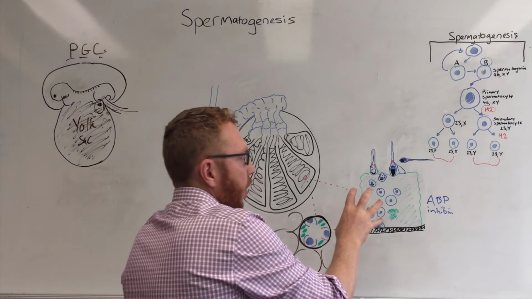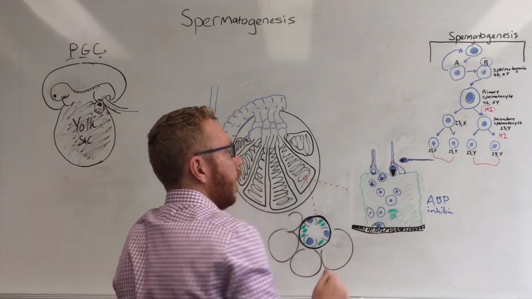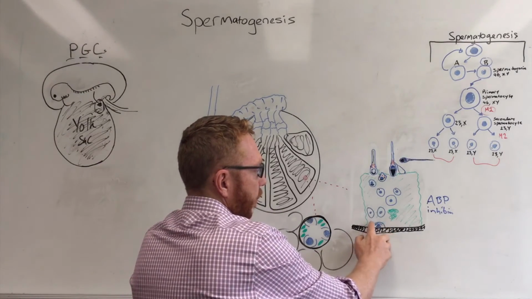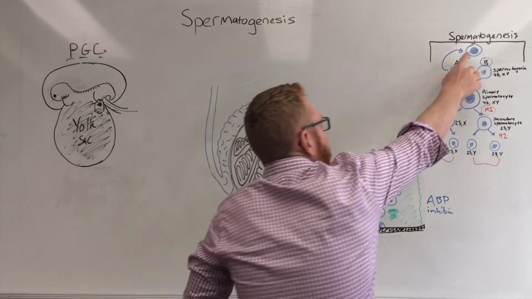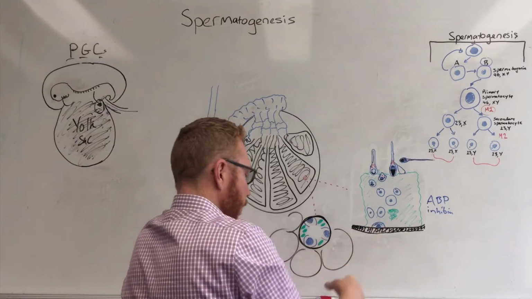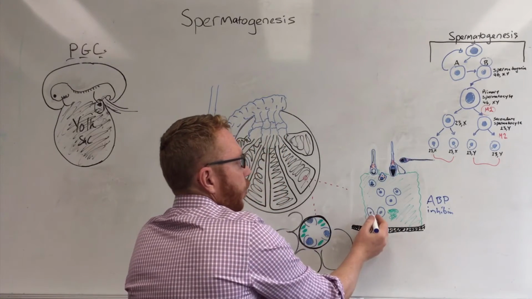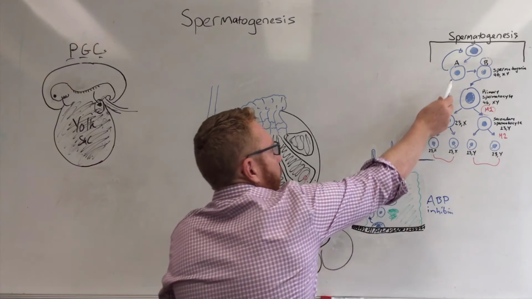So now we're going to focus on the process of how we go from a stem cell and produce a mature sperm. Down here we've got the stem cell. This is the stem cell spermatogonia cell, which is this one. It's going to replicate like so, and it's going to produce a dark type A cell like this one.